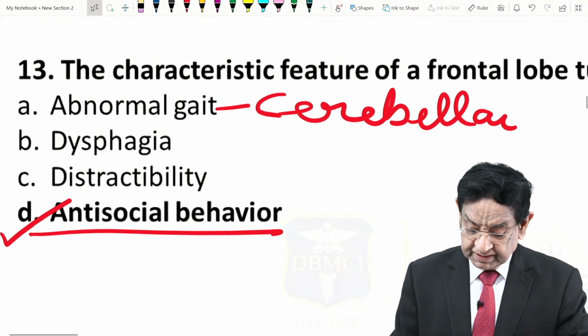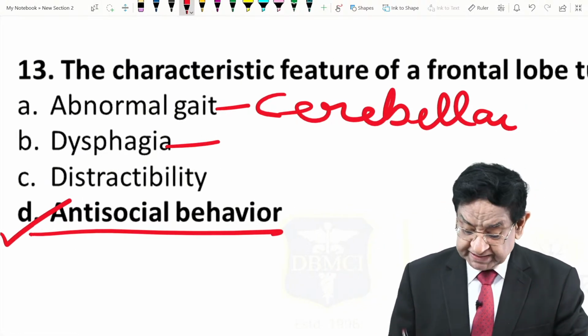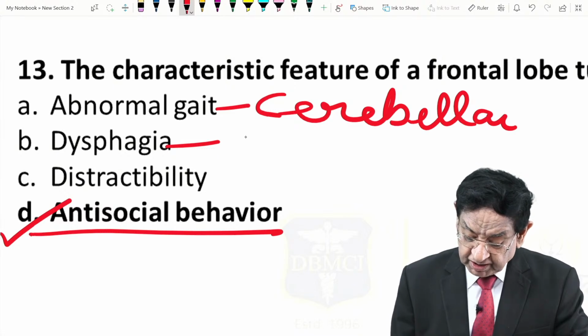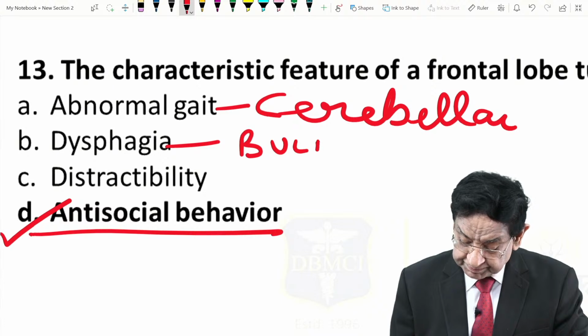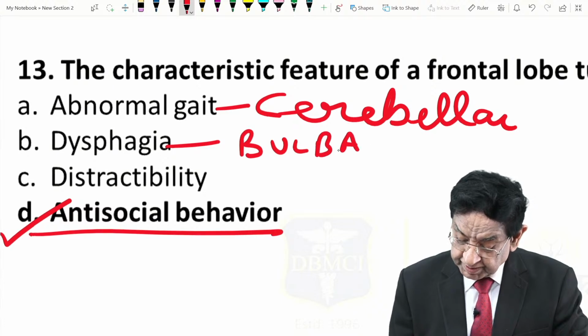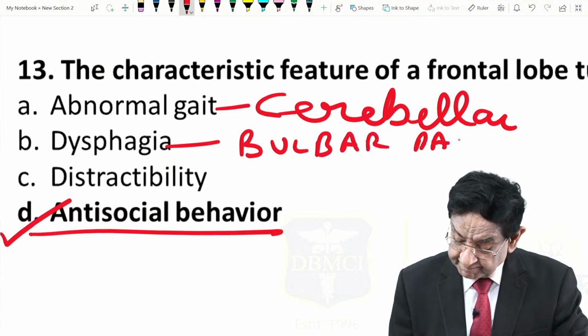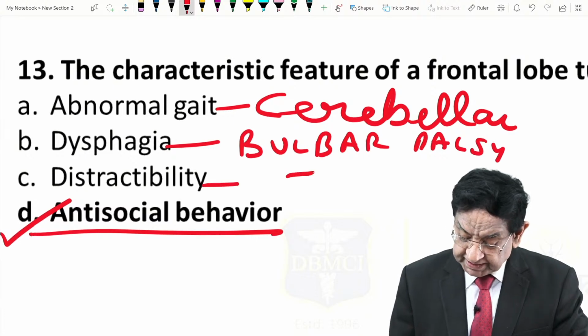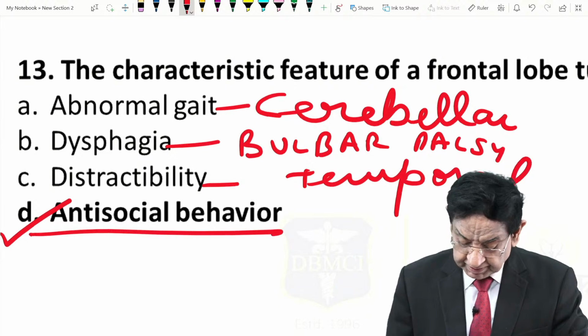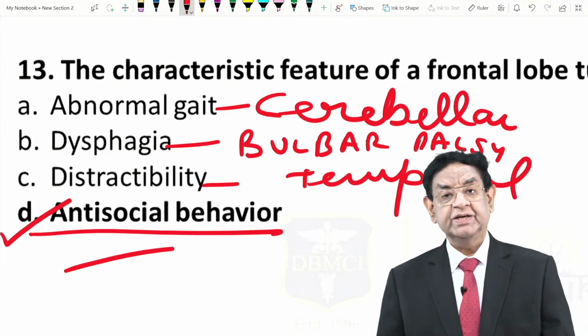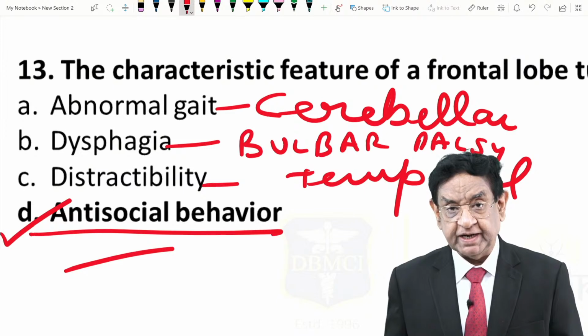And this will be seen in, again, brain stem lesion, or this is seen in bulbar palsy. This is seen in temporal lobe lesion. So this is seen in frontal lobe. I hope things are clear to you.